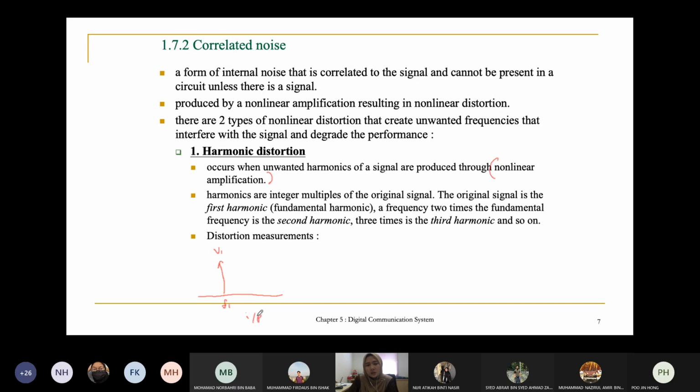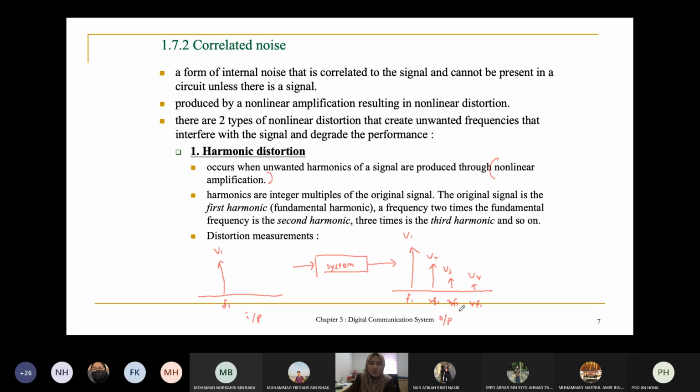This is the input signal, which goes into a system. Then you will have the output. For example, you have an output like this. This is V1, V2, V3 and V4. This is F1, 2F1, 3F1 and 4F1.